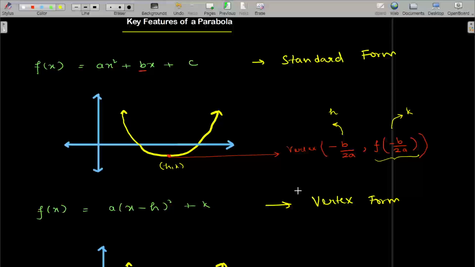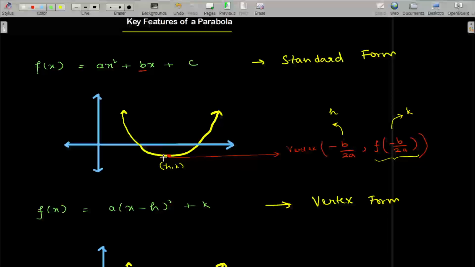Now in this type of parabola you'll get a minimum value. When you have an upward opening parabola, you'll get a minimum value, and when you have a downward opening parabola like this, you get the maximum value. What will be the minimum value here? Can you guess?